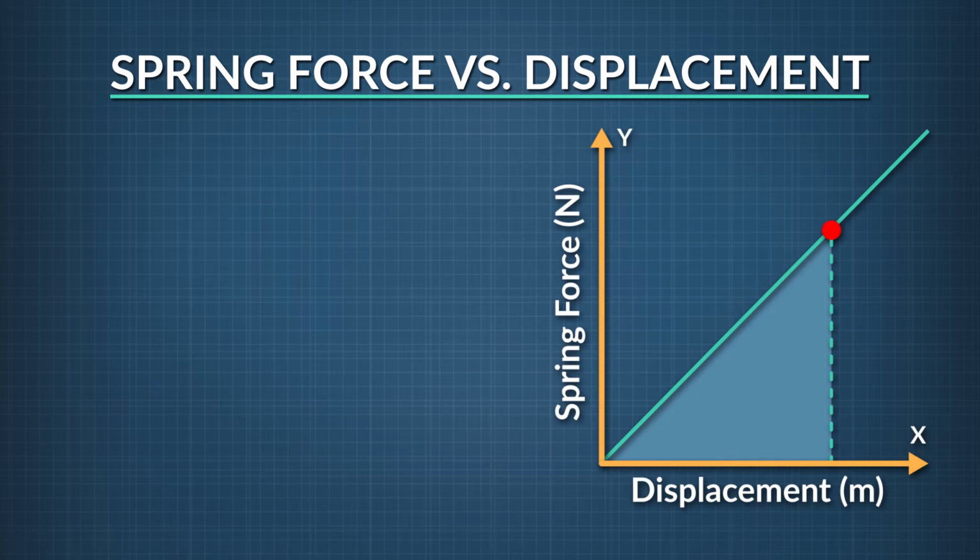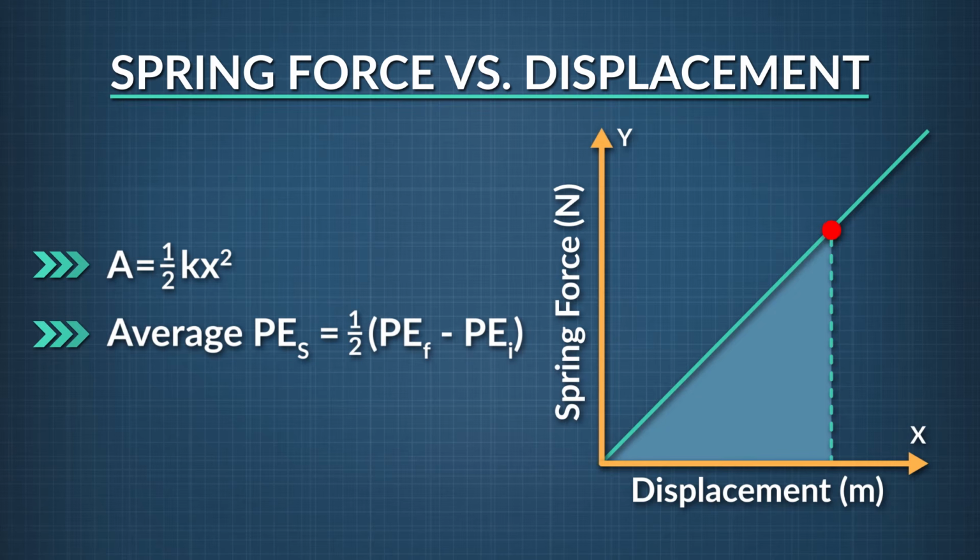Since the area of a triangle is half base times the height, and that's the same as half kx squared, you get the same answer as the average of the potential energy, which is 1/2 times the Pe final minus the Pe initial. It's another way to figure out the spring's potential energy.